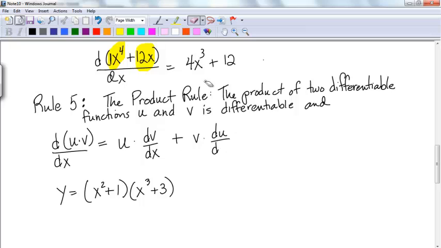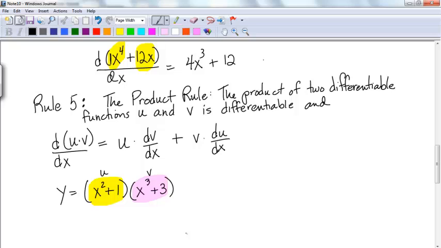I read it wrong. Everybody correct that. It's with respect to x because I'm still using an x variable. Okay, mark this on your papers. This is my u, that quantity. And this is my v.